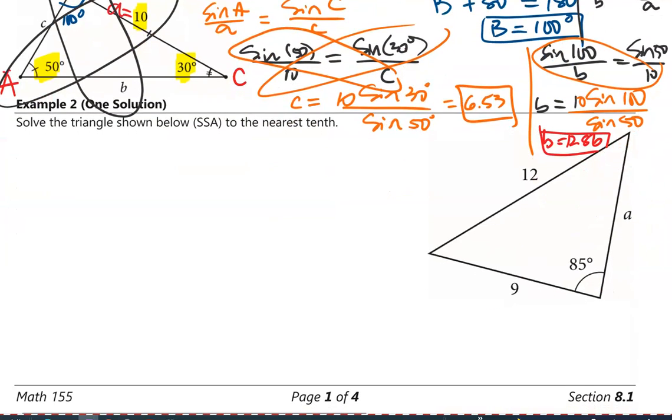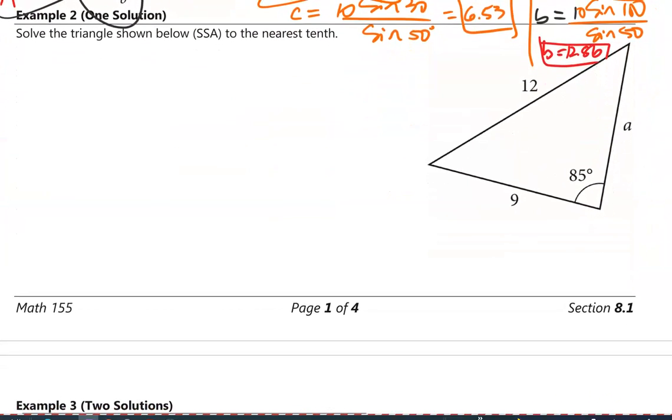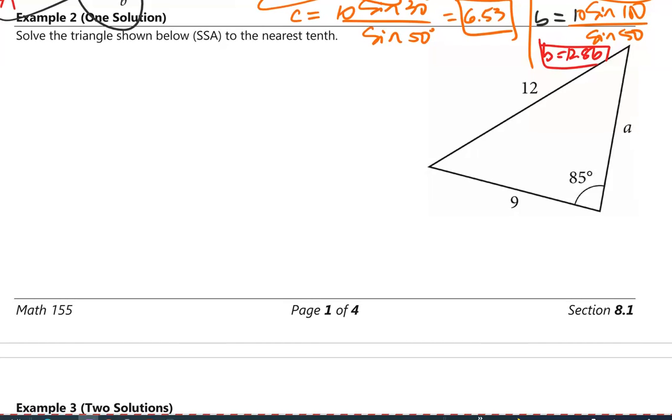Okay, now let's try example number 2. Given the triangle here, solve the triangle shown below, SSA, side side angle, to the nearest tenth. This is the side part and the angle.